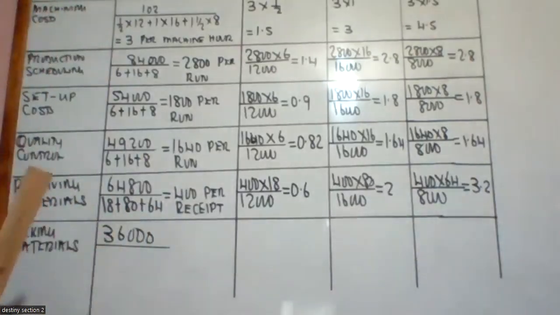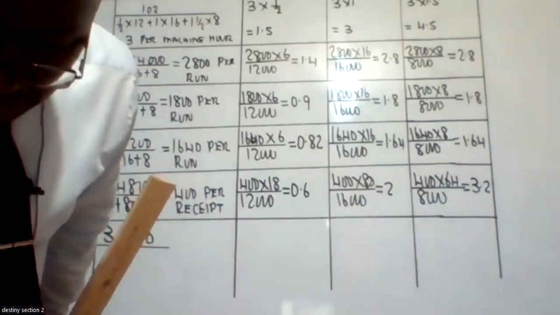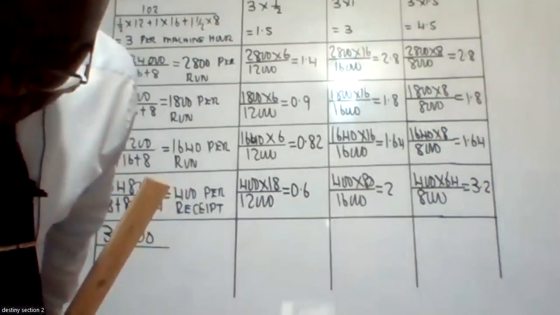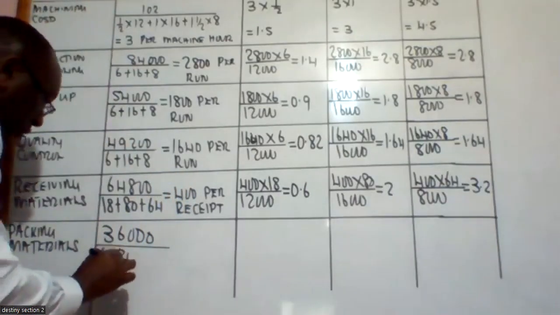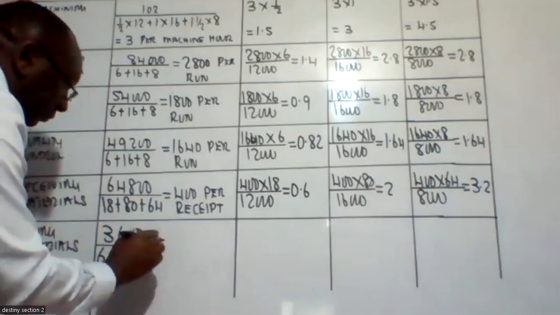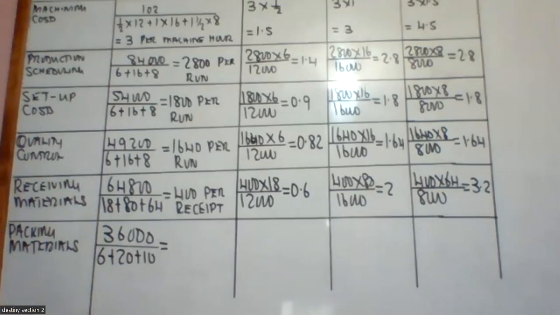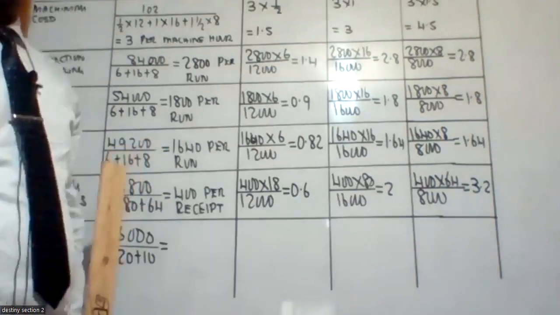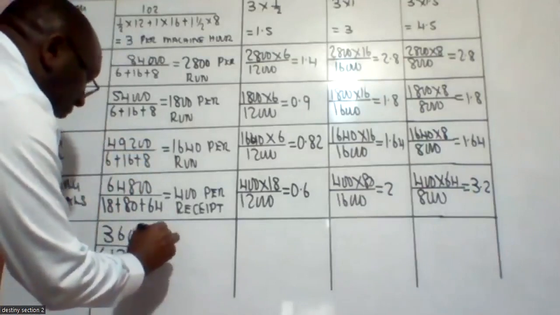These $36,000 is driven by the number of customer orders. So when you run it for the number of customer orders, you can see 6, 20, 10. 6 plus 20 plus 10. Give me the answer. Yeah, I can see 1,000 per order.